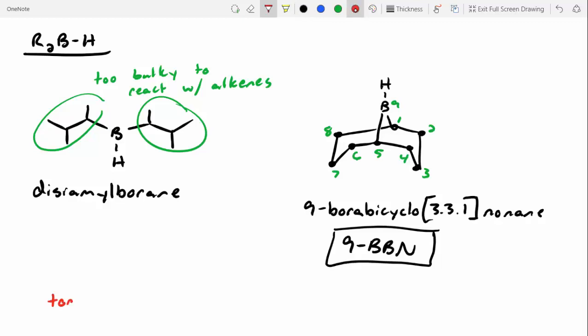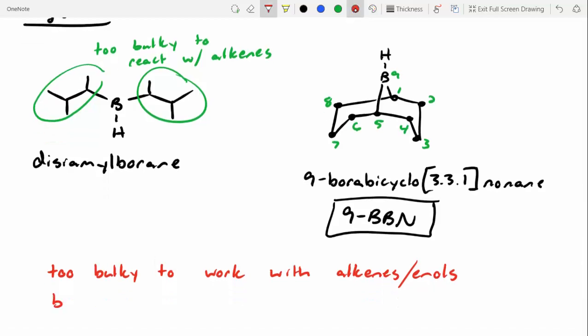They're too bulky to work with alkenes or enols, but they do work with alkynes.